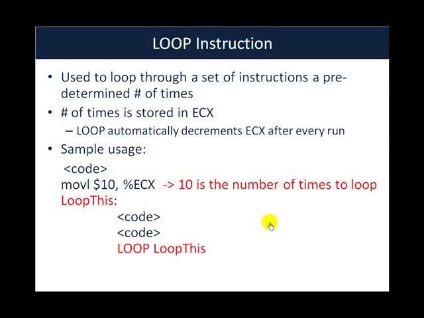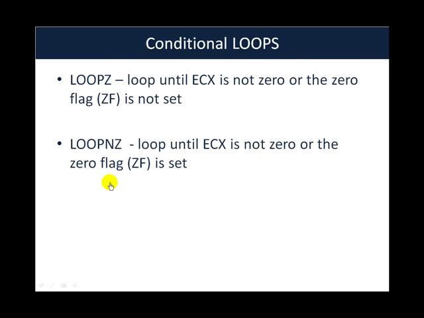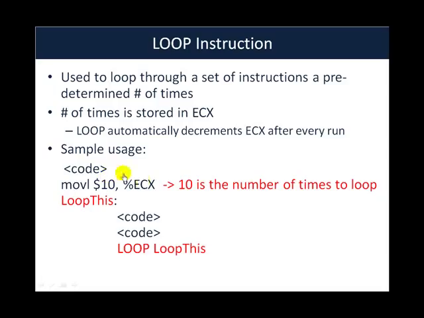Now, because of this, the number of times we want that set of instructions to be executed is stored within ECX. So a sample usage could be that you load the number 10 into the ECX register, and this is actually the number of times you want to loop the instructions.